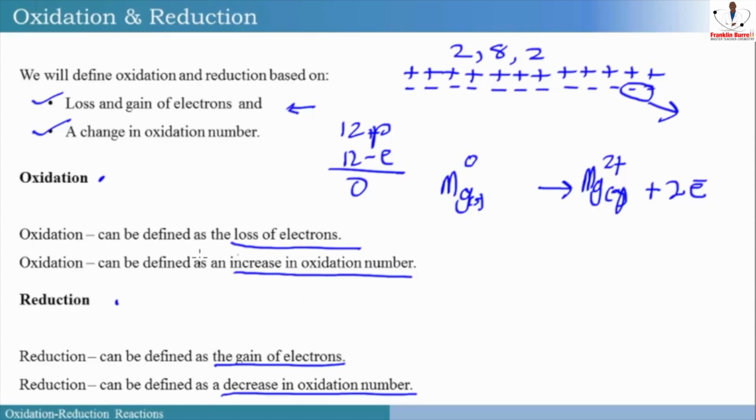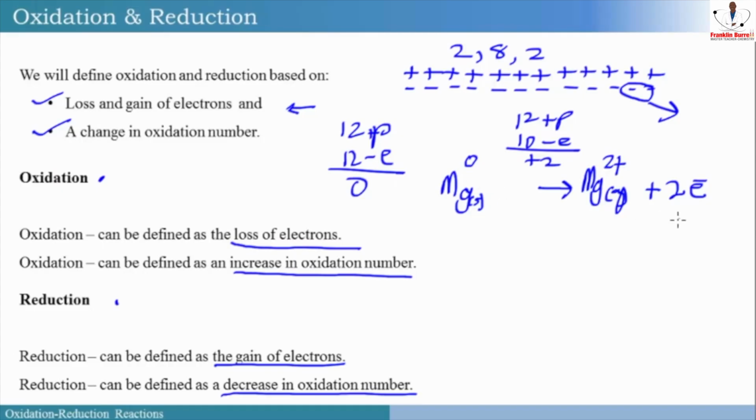But look at this now. We said electrons are lost in oxidation. So we lost 2 electrons to form a 2+ charge. If I lose 2 electrons to form a 2+ charge, then I'll now have 12 protons and 10 electrons, and that'll give me a 2+ charge. So you can see that I lost 2 electrons to form a 2+ charge.